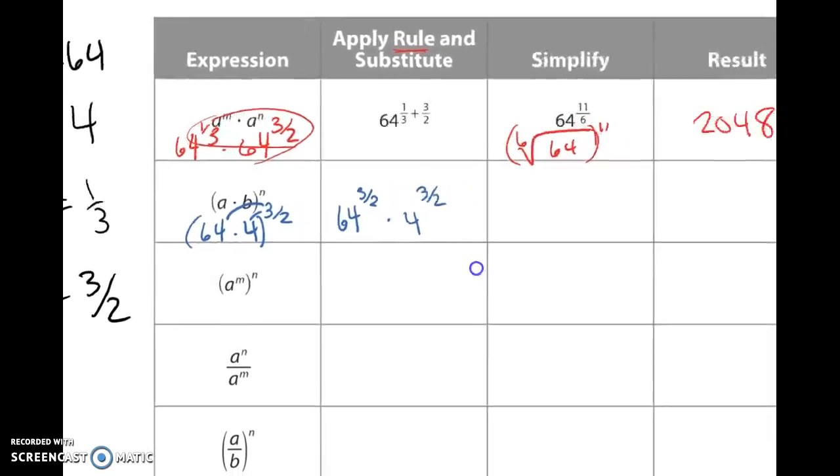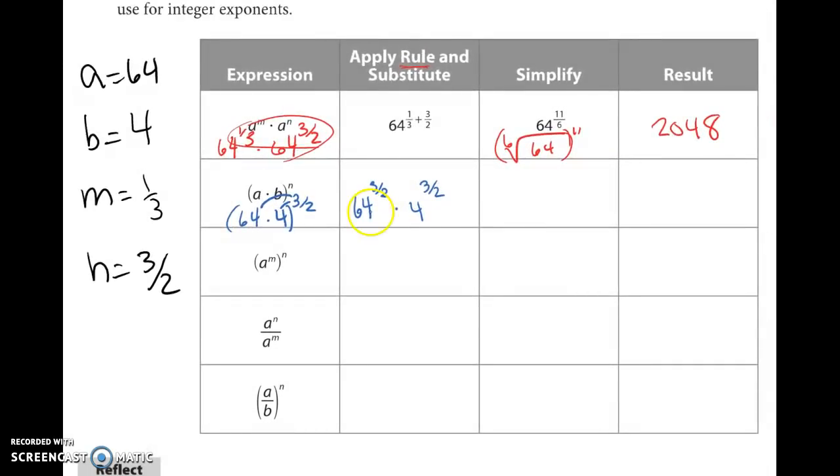And so if I simplify 64 to the power of 3/2, that's the square root of 64 cubed. So the square root is 8. 8 cubed is 512. And then the square root of 4 is 2. 2 cubed is 8. So I'm going to have 512 times 8, which is 4096.